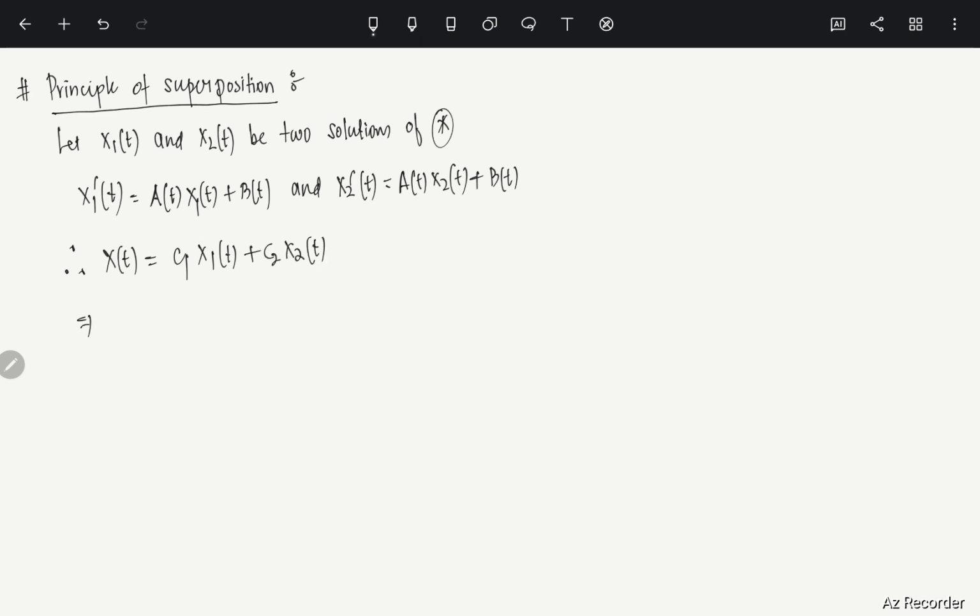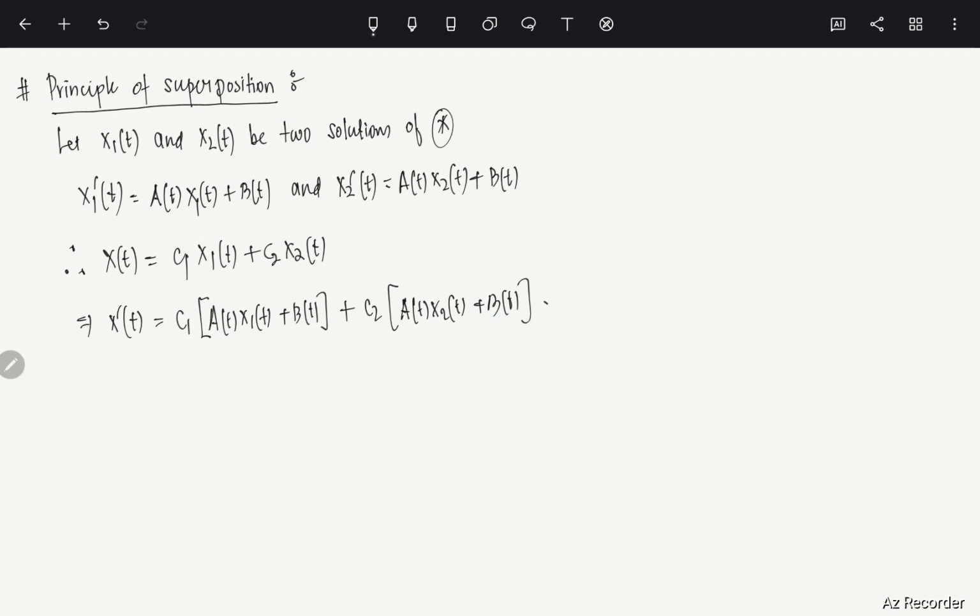Now you see that x'(t) is nothing but c1 x1'(t), which is nothing but A(t)x1(t) + b(t), plus c2 x2'(t), which is nothing but A(t)x2(t) + b(t).